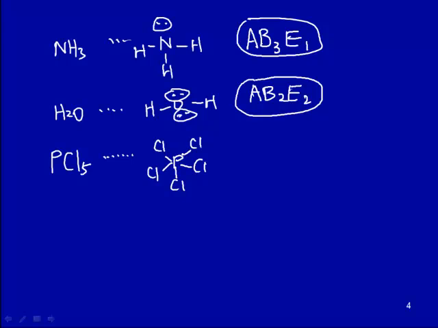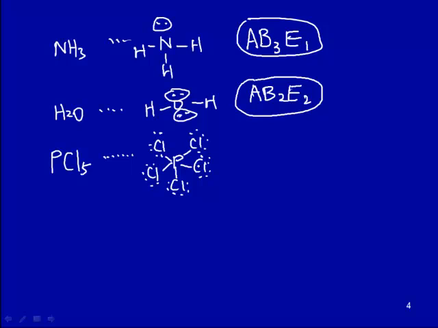You're going to have the 5 links between the phosphorus and the chlorine. So you used up all the valence electrons. And now you check on the central atom, you say, wait a second, it got 10 valence electrons.